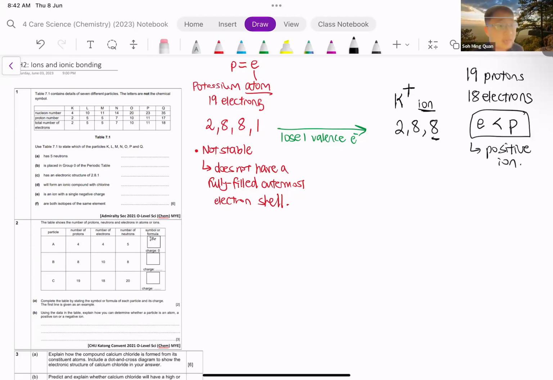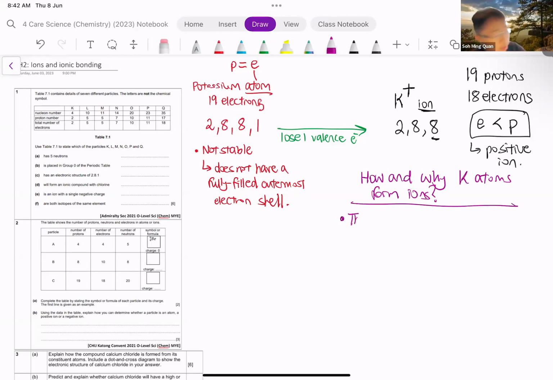Now, how would you phrase this as an answer? Let's say the question asked you, explain how and why potassium atoms form ions. How would you explain this?